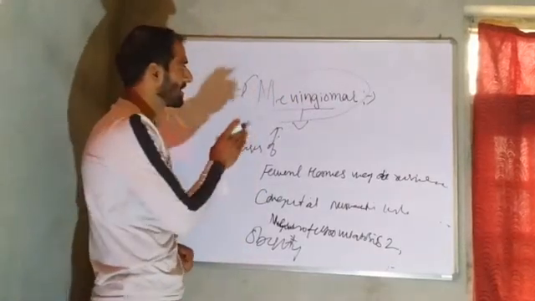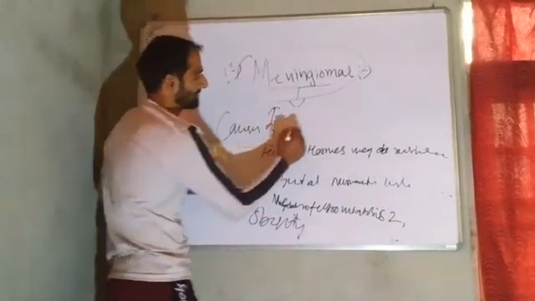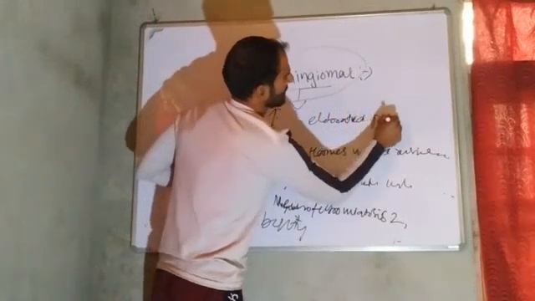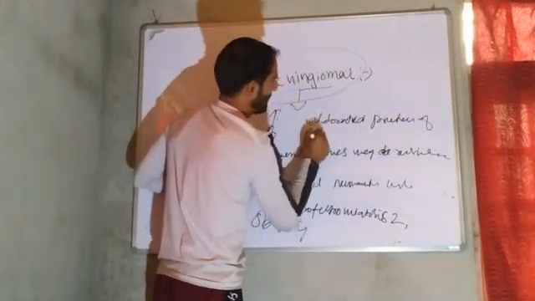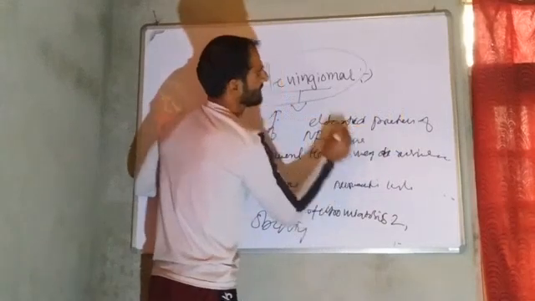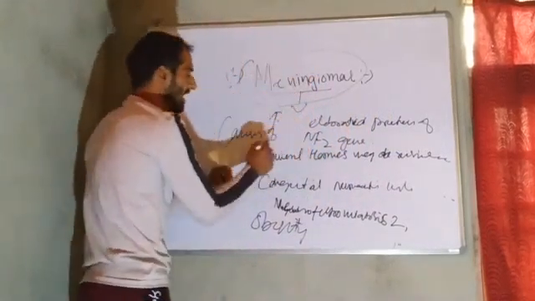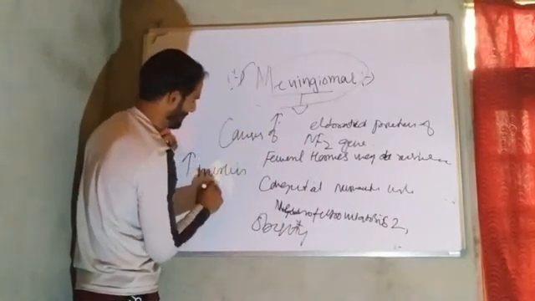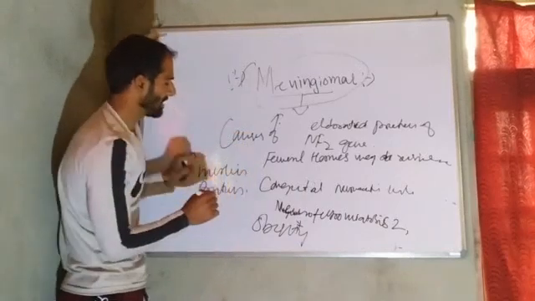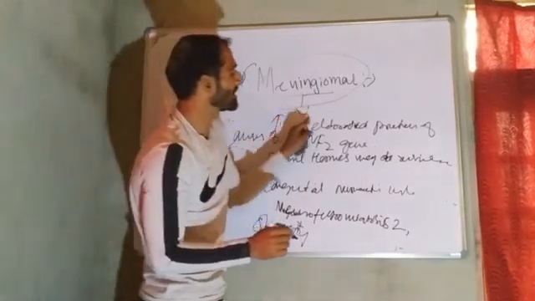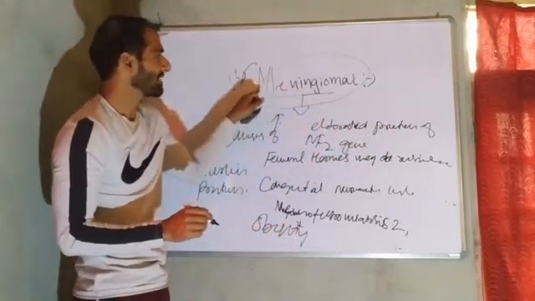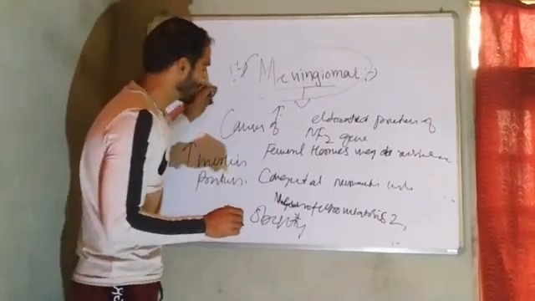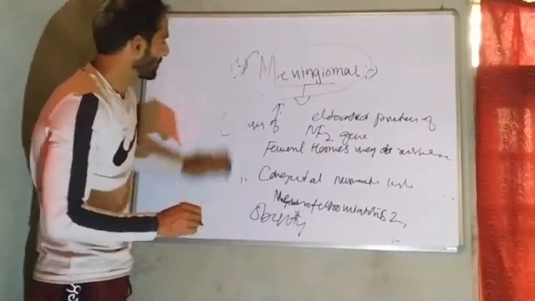The gene responsible in case of meningiomas has been seen as elaborated production of the NF2 gene in case of neurofibromatosis, and also increased myelin protein production. Okay, increased myelin protein production and elaborated production of the NF2 gene has been associated with the development of neurofibromatosis. So these were some of the causes for the development of meningiomas.